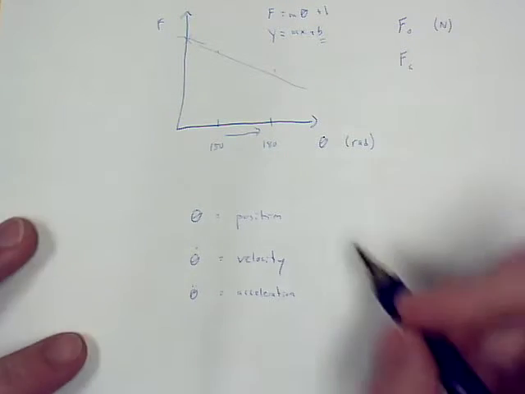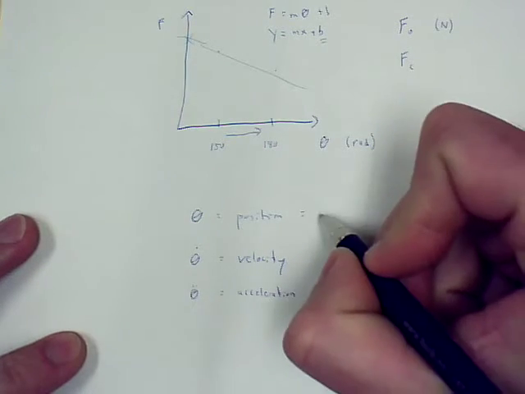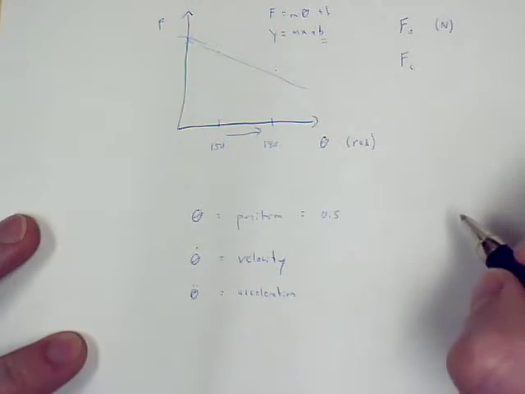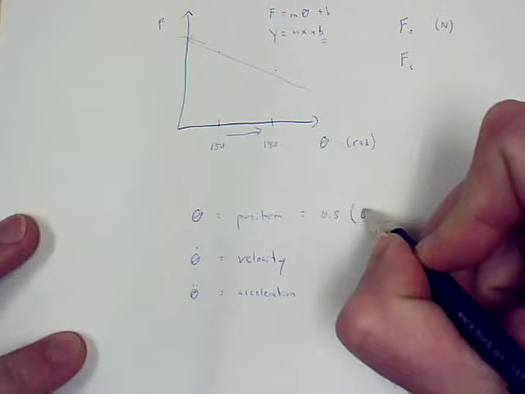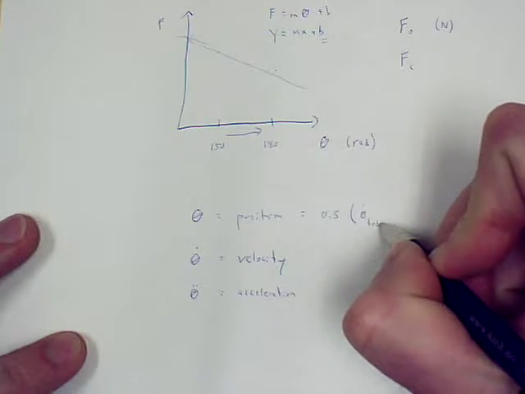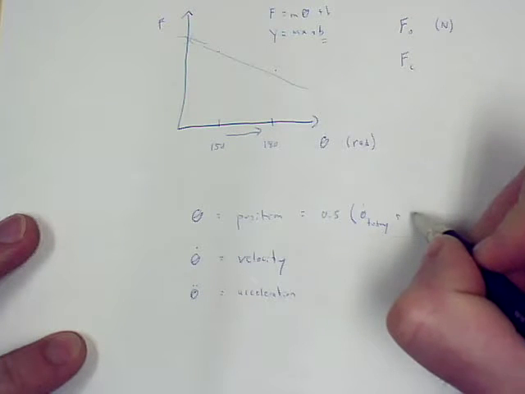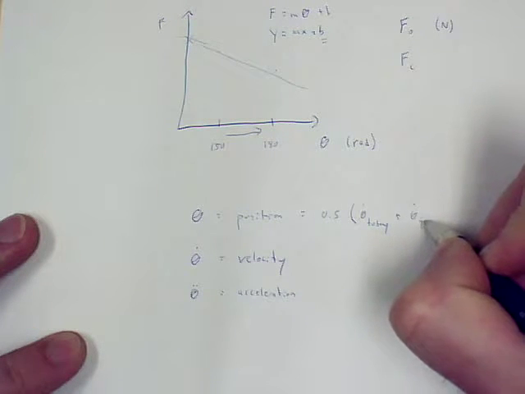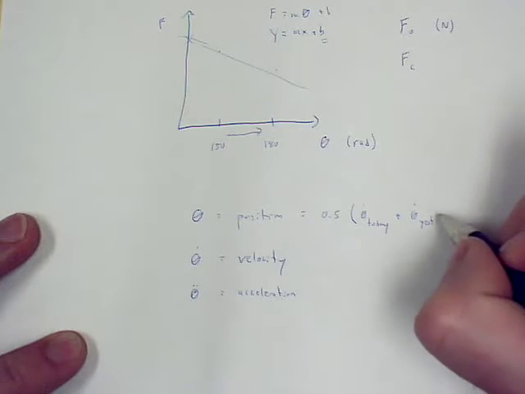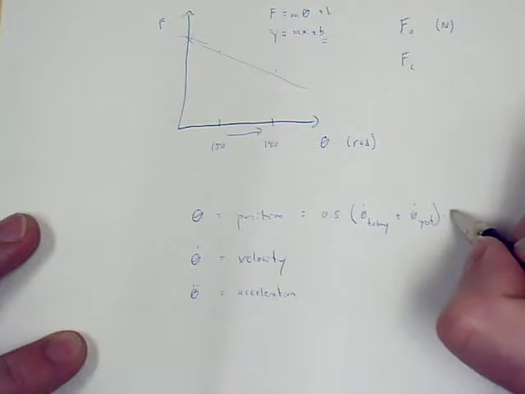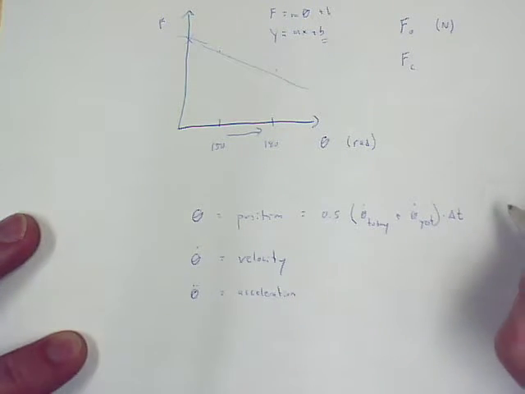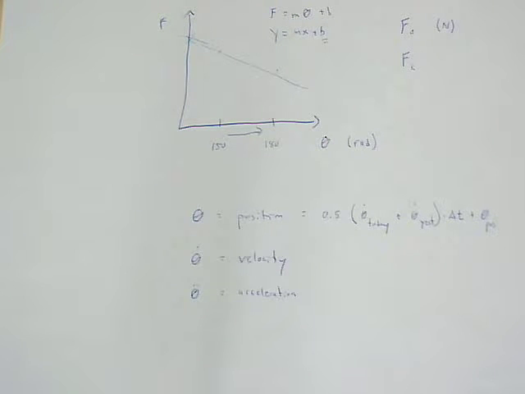All right, and that our theta, our position, is equal to 0.5 times our velocity today plus our velocity yesterday, times our change in time, plus our old position. That's labeled as equation number 3 in the overview document, but that's our first equation that we have here.